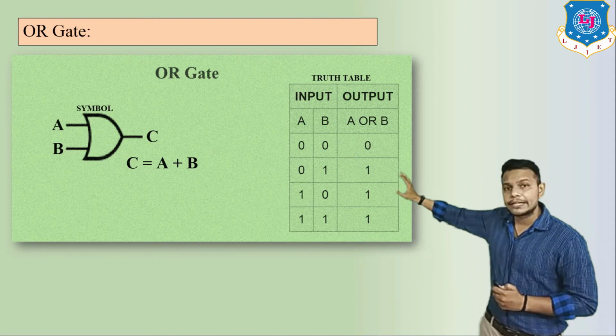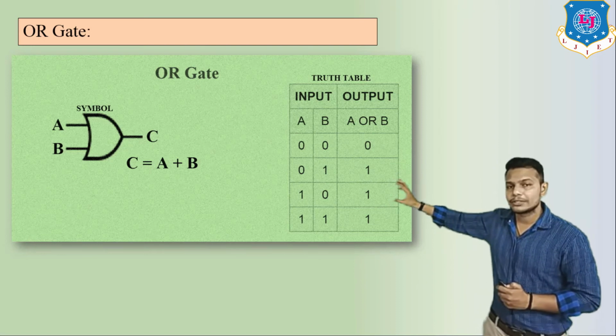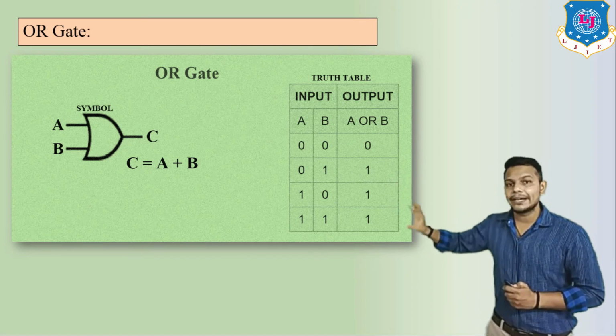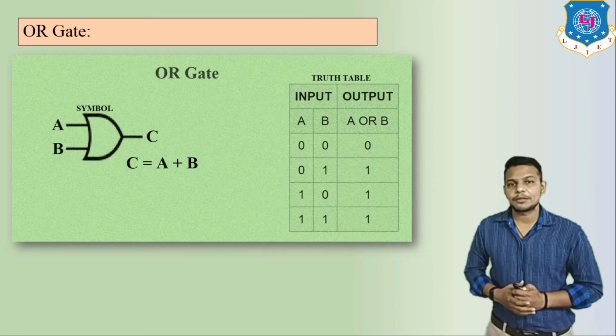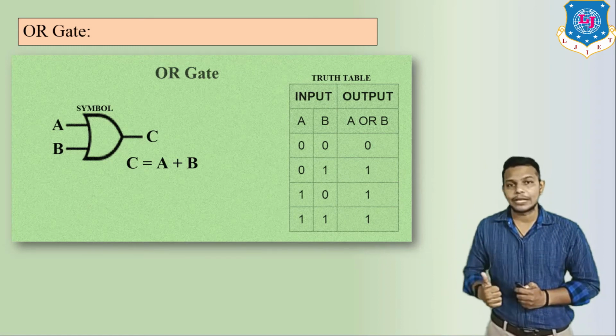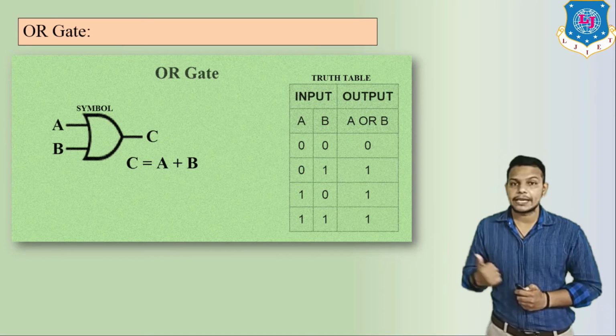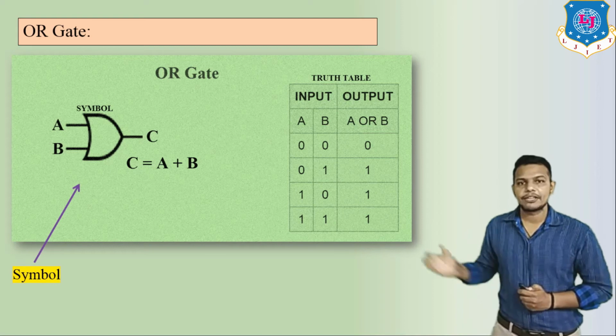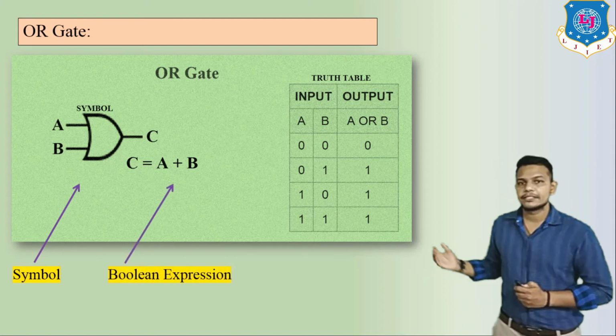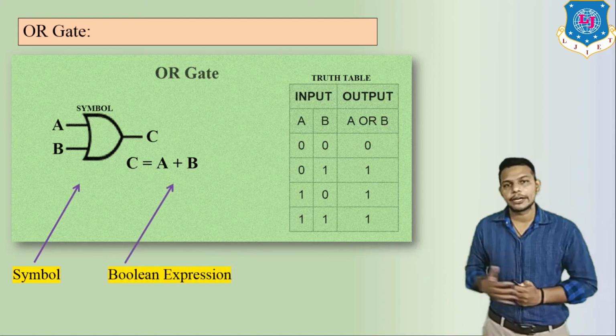So if I enter 2 inputs, that means OR gate performs addition. Here we can see its Boolean expression is like C is equal to, that means output is equal to A plus B, addition of these 2 inputs. Here we can see this is the symbol and this is the Boolean expression of OR gate.